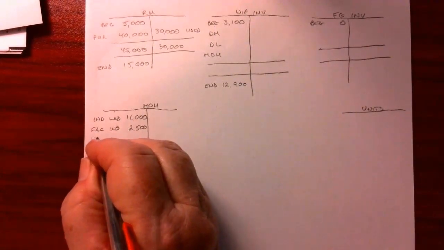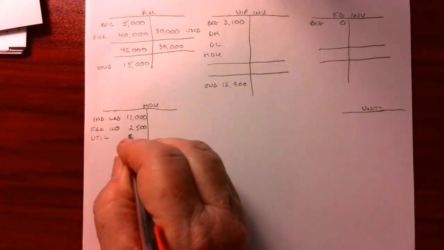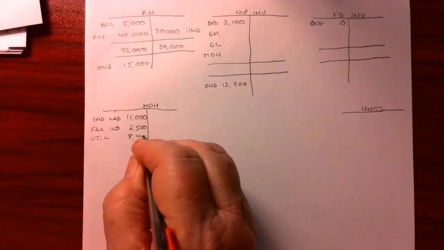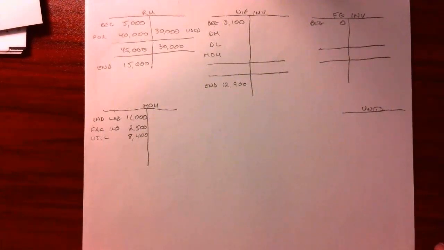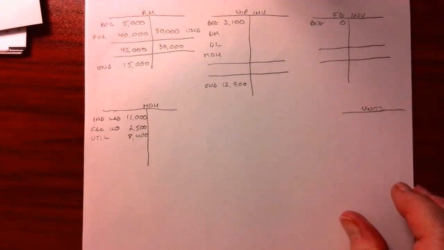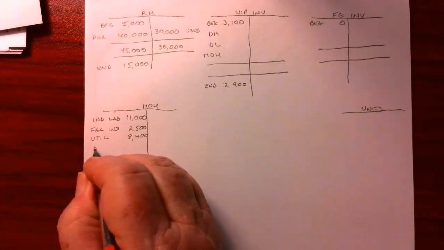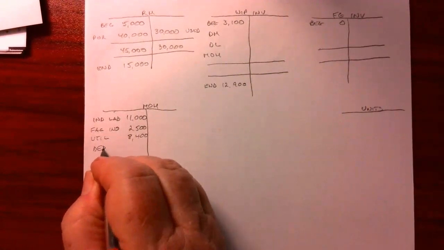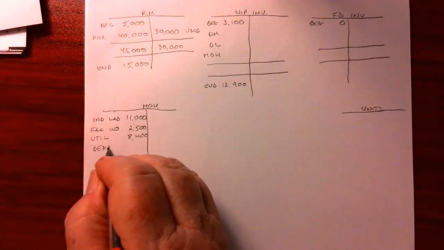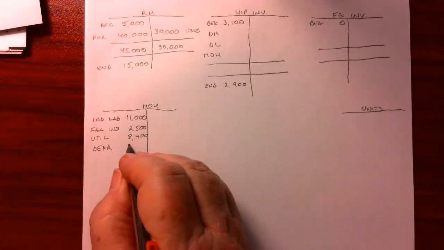These are utilities, right? 6,400 here would be for manufacturing overhead, and the balance of 1,600 is going to have to go into administrative and selling expense. Okay, factory depreciation. That's another manufacturing overhead cost. That's 7,000.